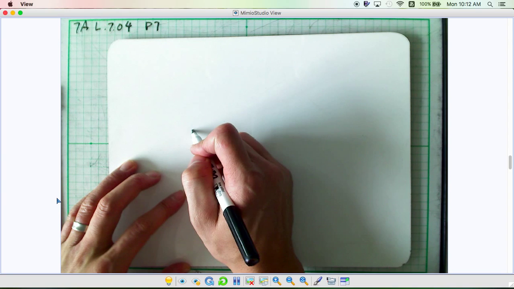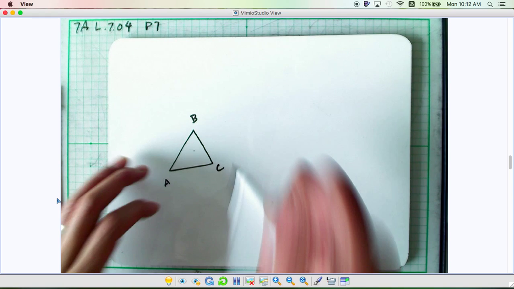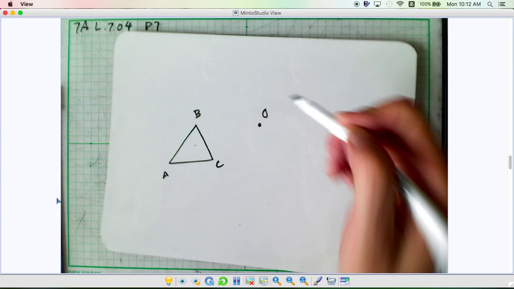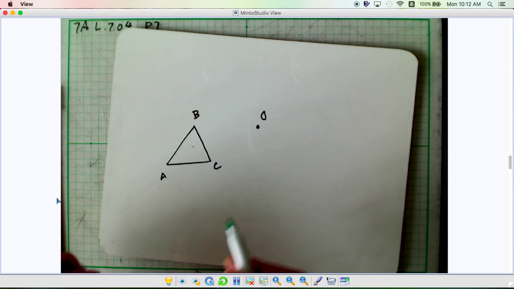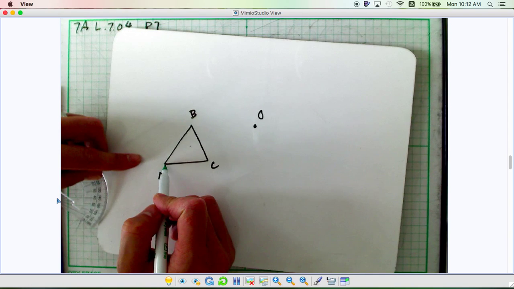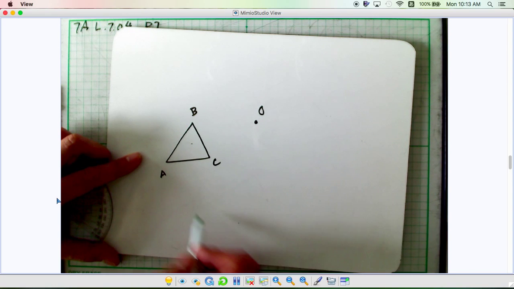Let's draw A, B, and C. And let's plot point O, and you want to rotate this figure 65 degrees. The simplest way of doing it is that you want this point A rotated 65 degrees counterclockwise. So it's making a circle, like 65 degrees.